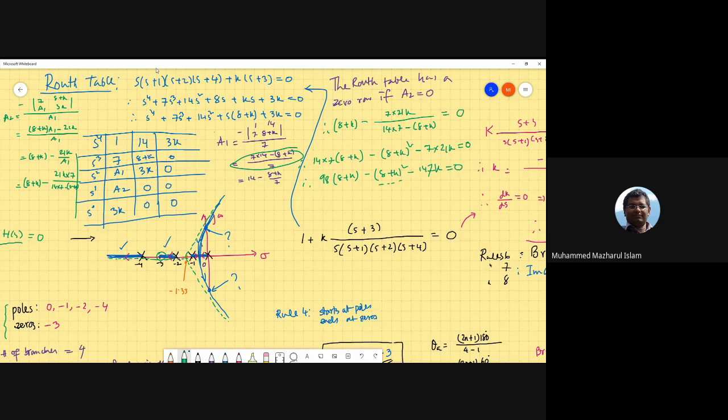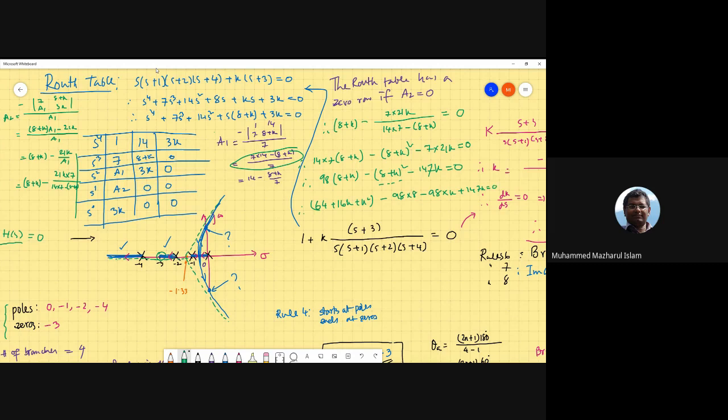So 8 plus k whole square, and you can of course multiply everything with a minus. So 8 square is 64 plus 16k plus k square, that's the breakdown of the square. Then minus 98 into 8 minus 98 into k plus 147k. I've multiplied everything with minus 1.